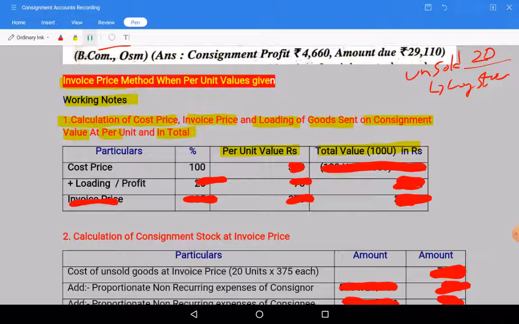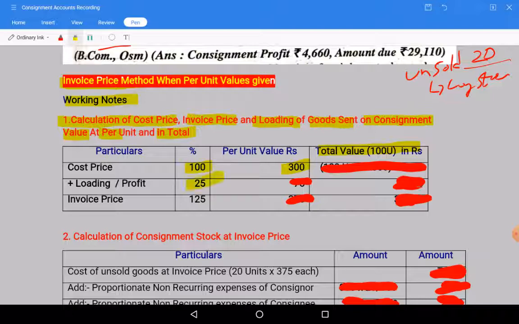Loading or profit given is 25. So cost plus loading or profit gives the invoice price, 100 plus 25, which is 125. And for the cost price of each unit, we are doing the per unit information now. Each unit is 300. 300 is the per unit value, and for 100% it is 300 per unit.